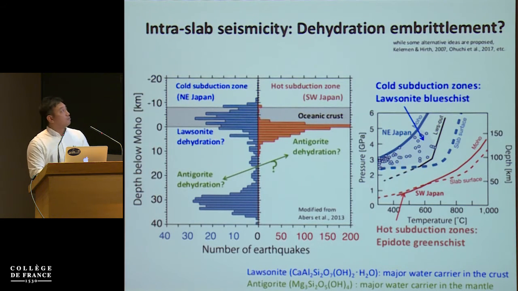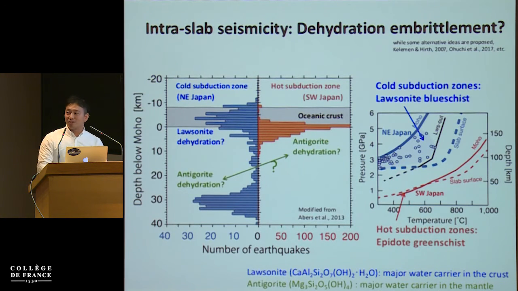Of course, there are many ideas for the mechanism of intraslab seismicity, not only dehydration embrittlement but also shear instability or something like that, but this time I can test how dehydration and embrittlement work for these earthquakes.